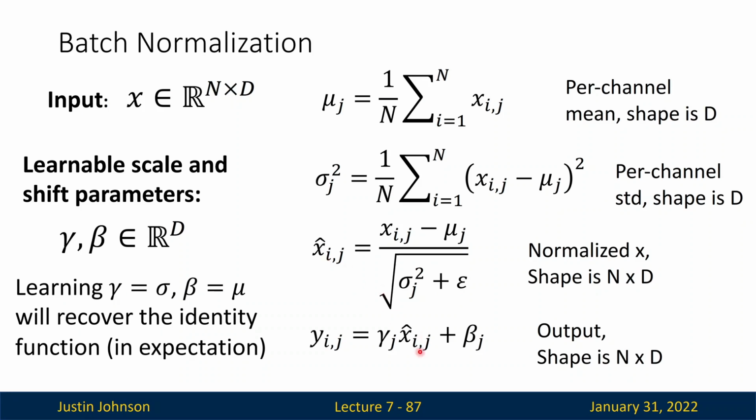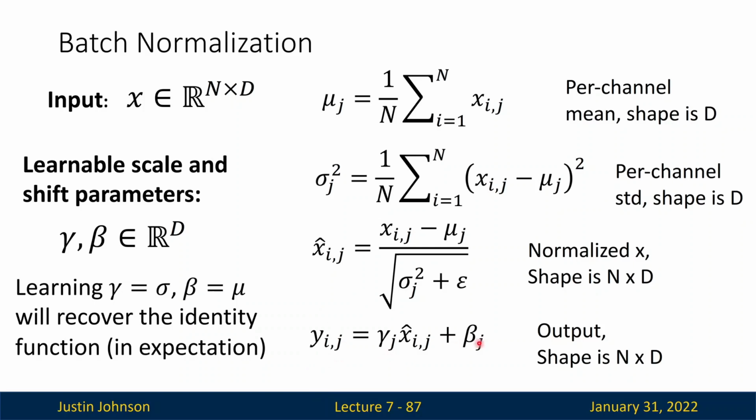They call them gamma and beta. When they generate the output of the spatial normalization layer, gamma and beta will be applied to the standardized x hat to generate the y output.